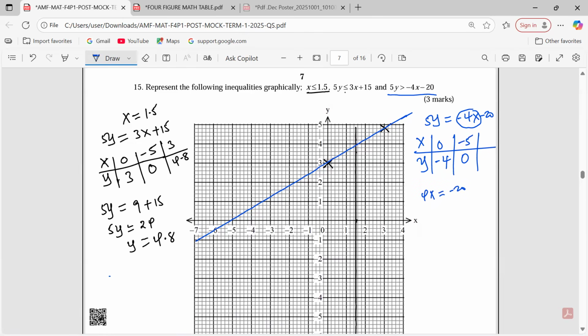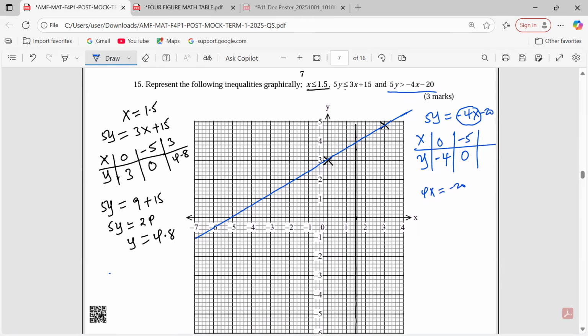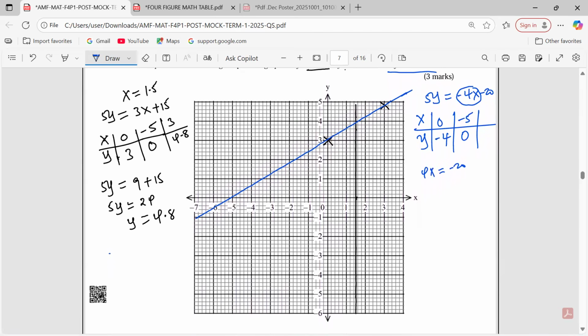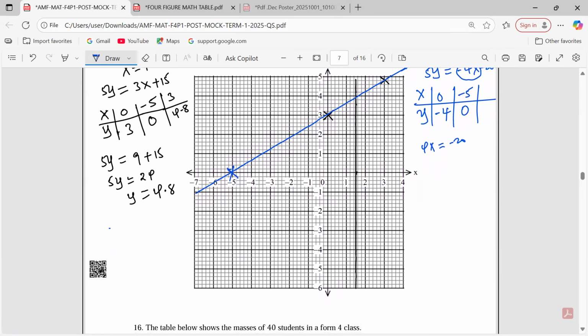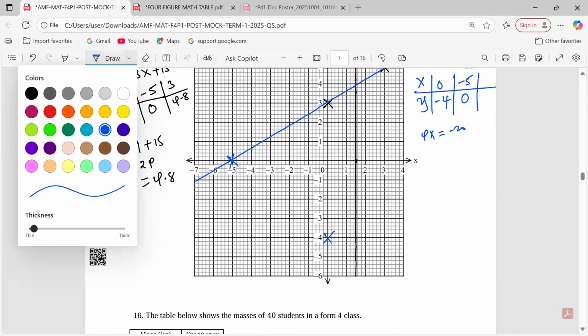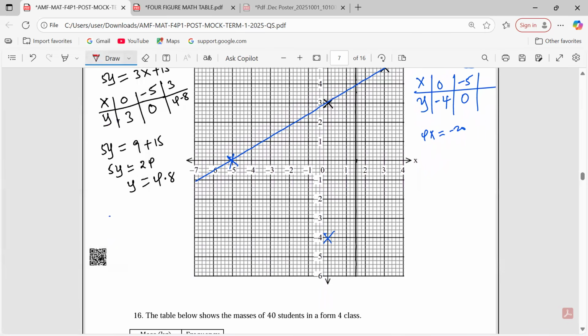Again, negative 5, 0, which is here, and 0, negative 4, which is here. So we can now connect the two coordinates and come up with our inequality. It should be dotted because of the nature of the inequality sign.